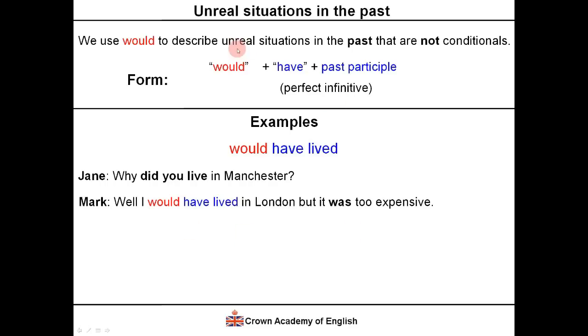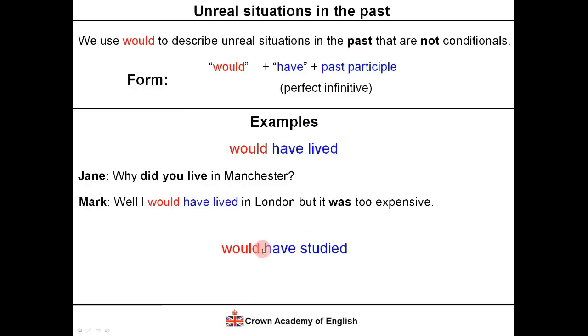So, since this is an unreal situation in the past, this means that Mark, in fact, did not live in London. He lived in Manchester, and this is the reason. Okay, so he didn't live in London. So it's an unreal situation in the past. And this is the form. Would have lived. Would have plus the past participle.